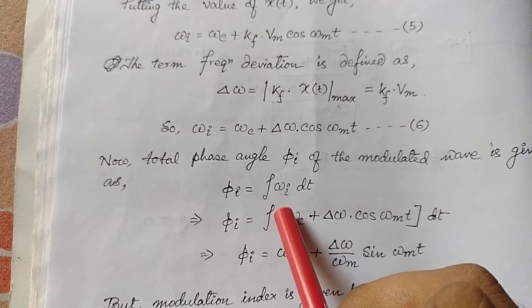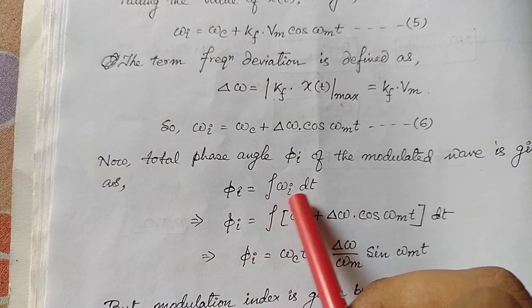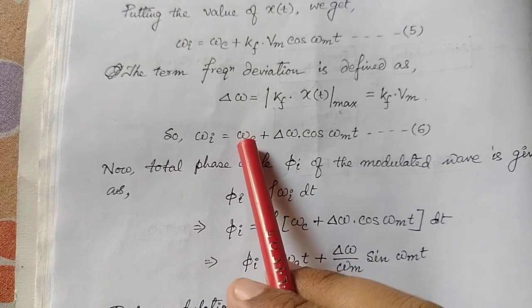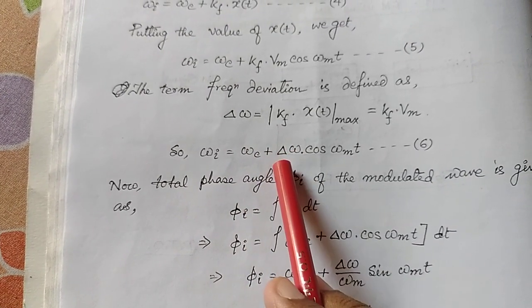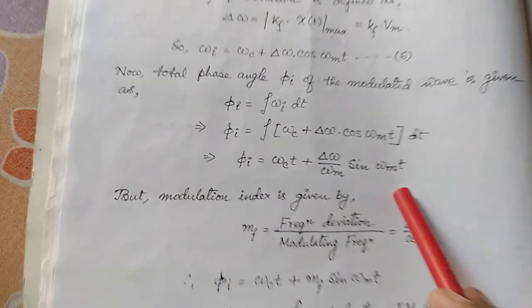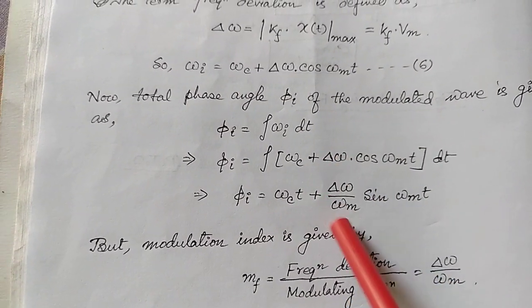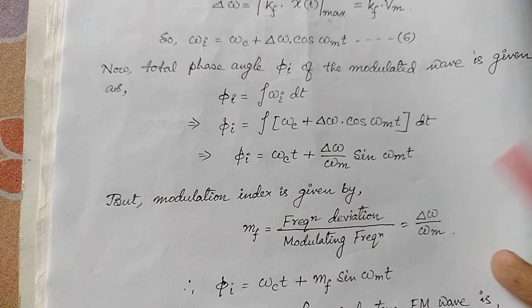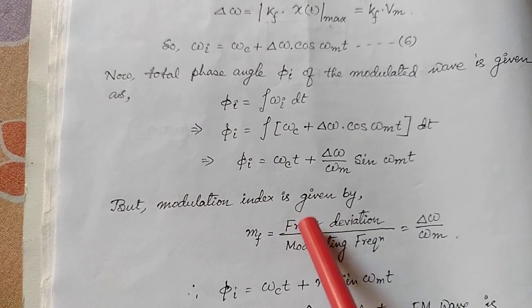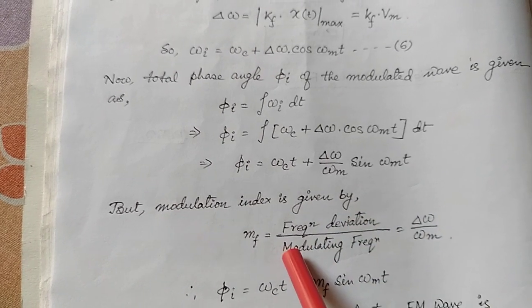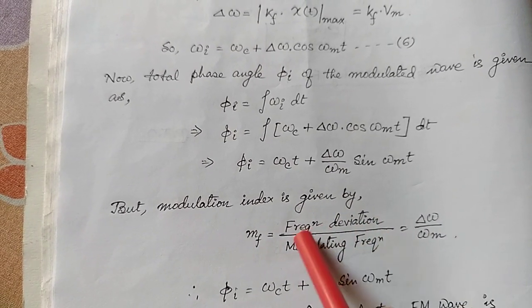So what is the instantaneous phase angle? It is the integration of ωi dt. It easily becomes ωc t plus Δω/ωm sin ωm t. Now what is this Δω/ωm? This is my modulation index in the case of FM, which is defined as the ratio of frequency deviation to modulating frequency.